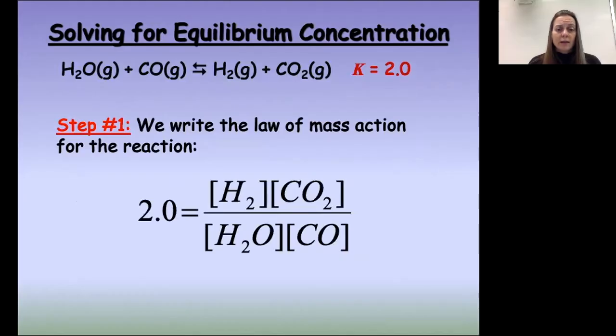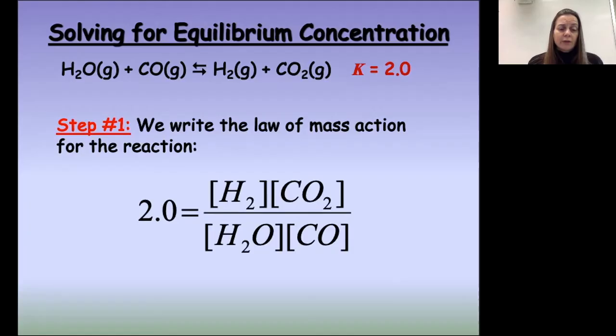So we would write that K is equal to the concentration of hydrogen times the concentration of carbon dioxide divided by the product of concentration of water times concentration of carbon monoxide. And it is important to point out that this is the concentration of water vapor. This is a gas. It does get included in that equilibrium constant expression.